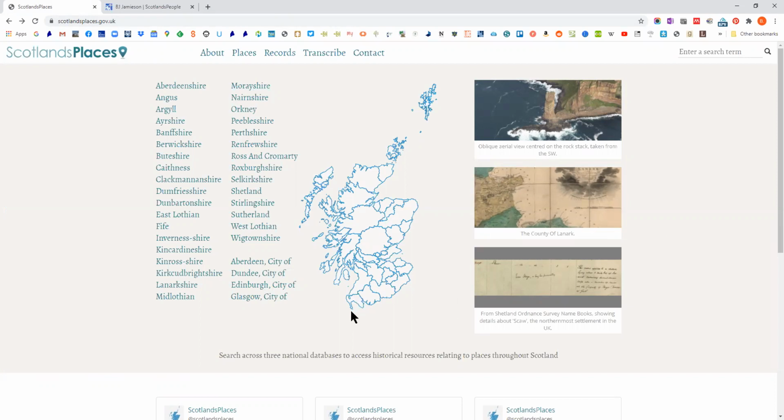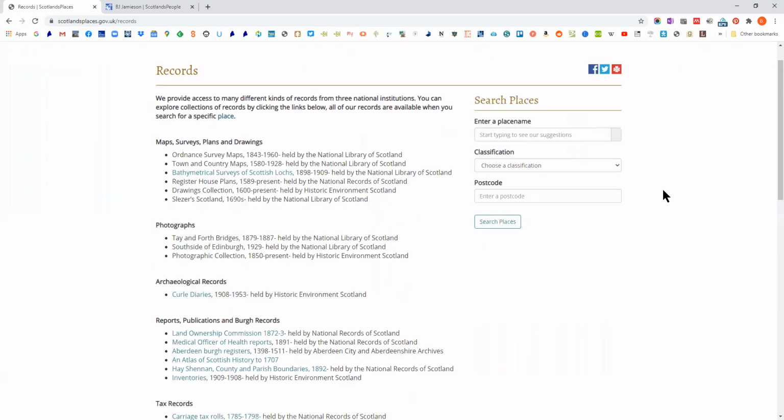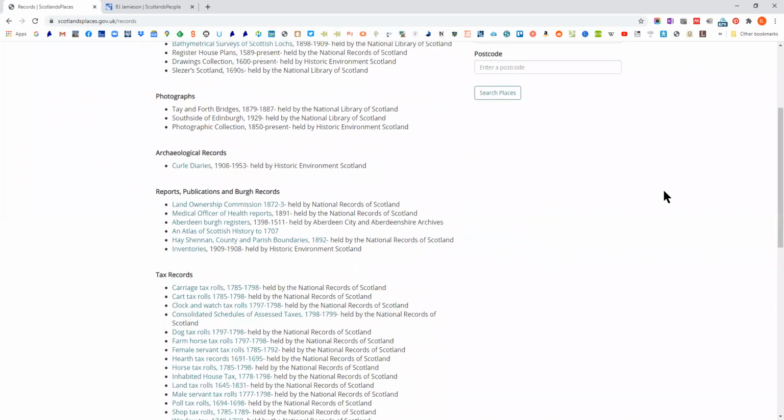And most of this was done because the Ordnance Survey, which is the British equivalent of the USGS maps, wanted to be able, they have these name books where, as they did the early Ordnance Survey maps in the 19th century, they had lists of every name of a geographical feature. And so they were digitizing those. But what's interesting is, in addition to that, if we click on records, they have some records here that are very interesting.